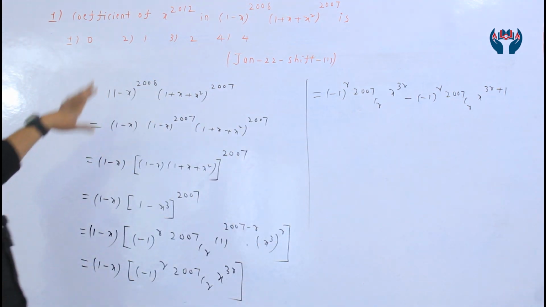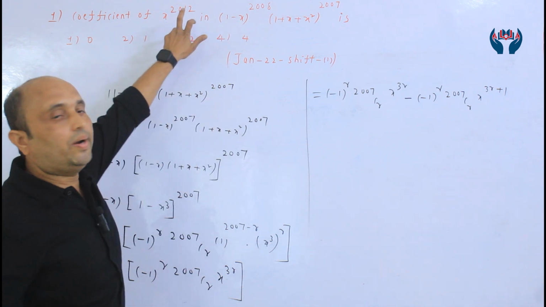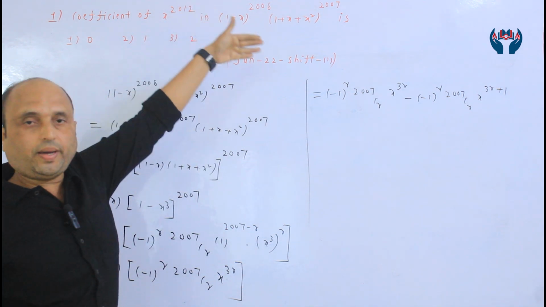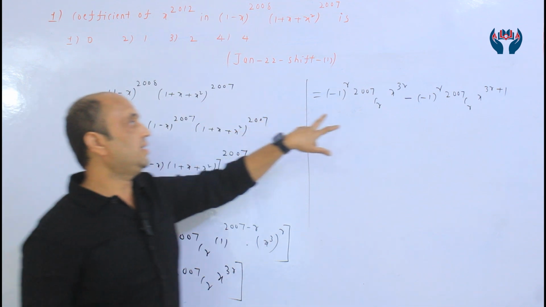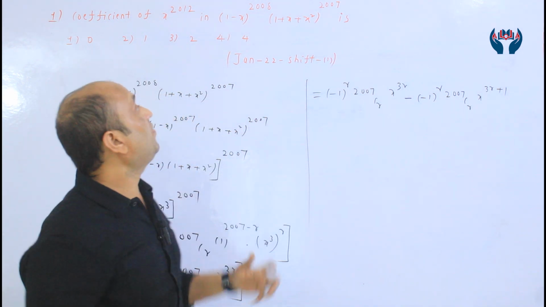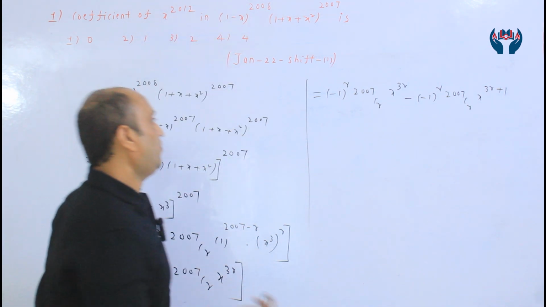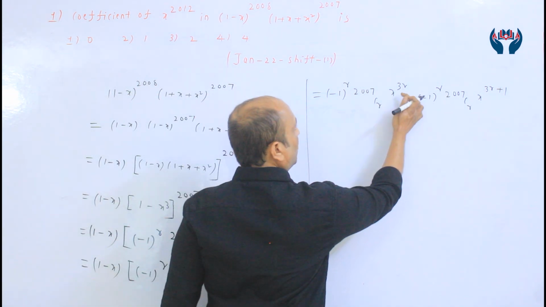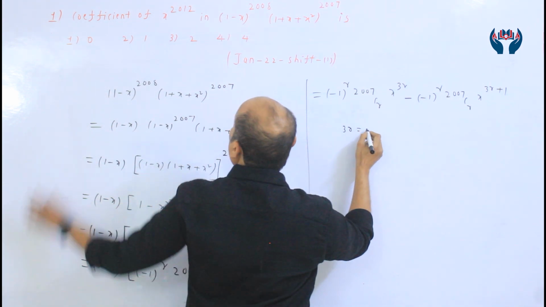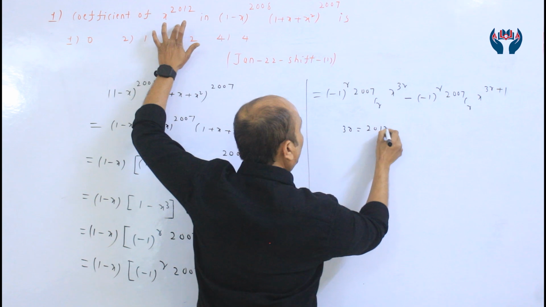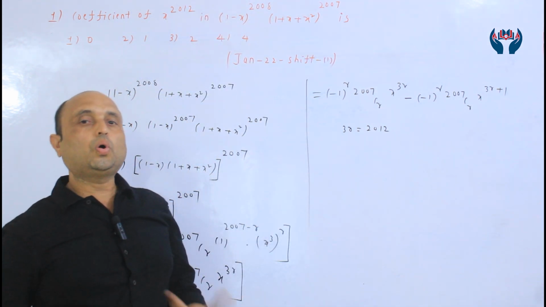So we want to find the coefficient of x to the power of 2012 in this expansion, so I simplified this whole thing like this. Now we can find it easily. Just equate the x power, where x power is 3r, to 2012, because I want to find the coefficient of 2012.